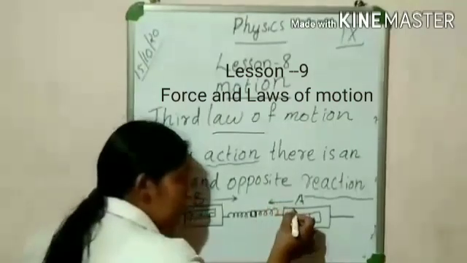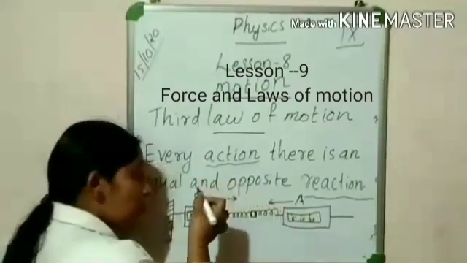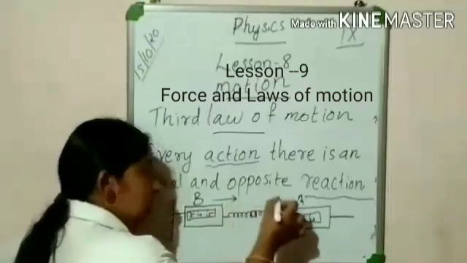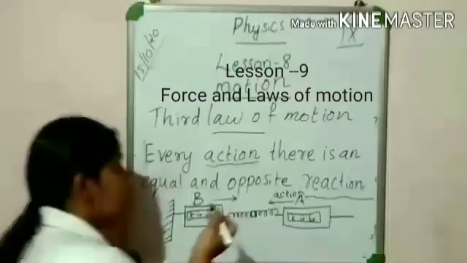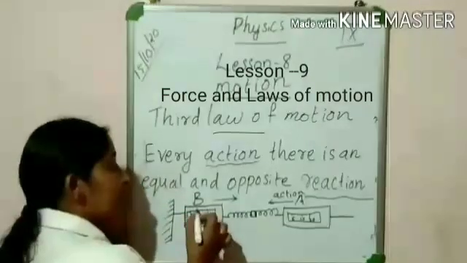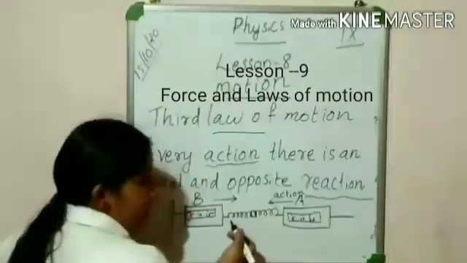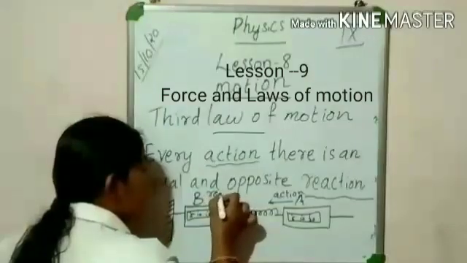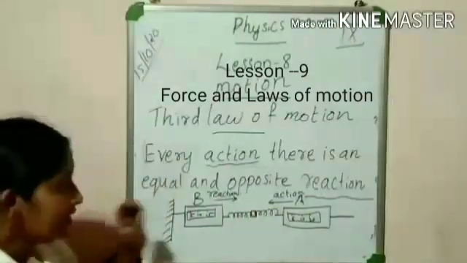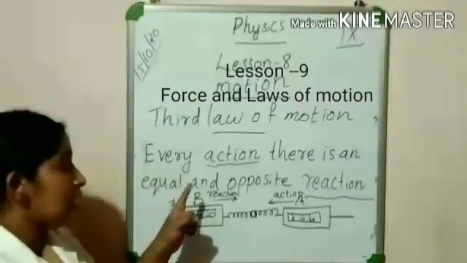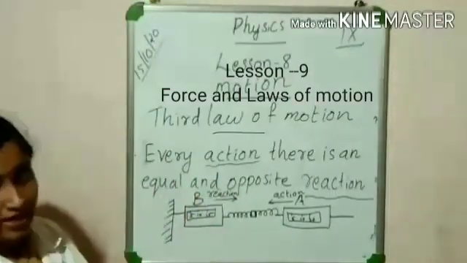When balance A applies a force on balance B, this force is called action, and balance B applies a force on balance A. This is called reaction. So we say that for every action there is an equal and opposite reaction.